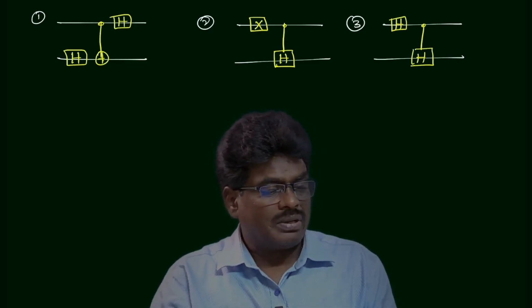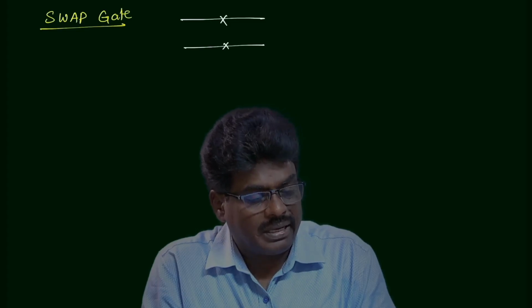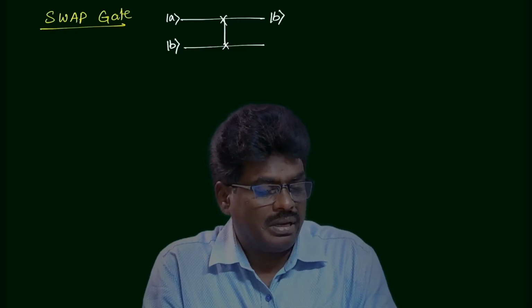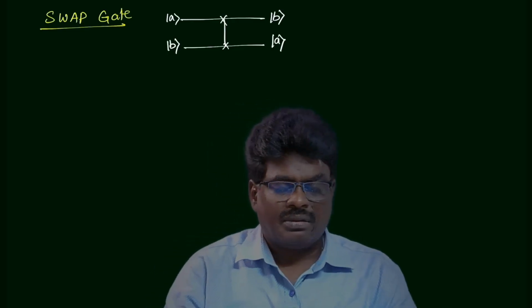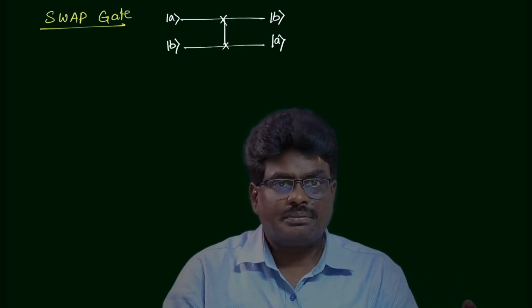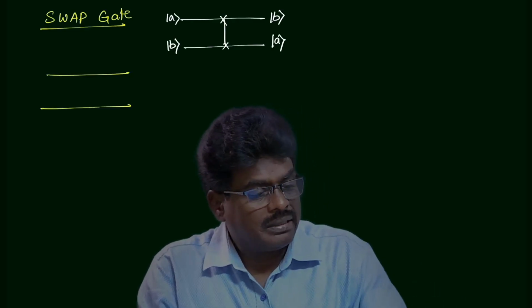And the last one more is left in this 2 qubit quantum gates, that is swap gate. The last one, swap gate. Okay, so swap gate, generally here we will write like this, and we will represent like this, A, B, and here you will get B, and here you will get A. So then how to represent this in our decimal notation? Okay, so here I'm taking this swap gate.